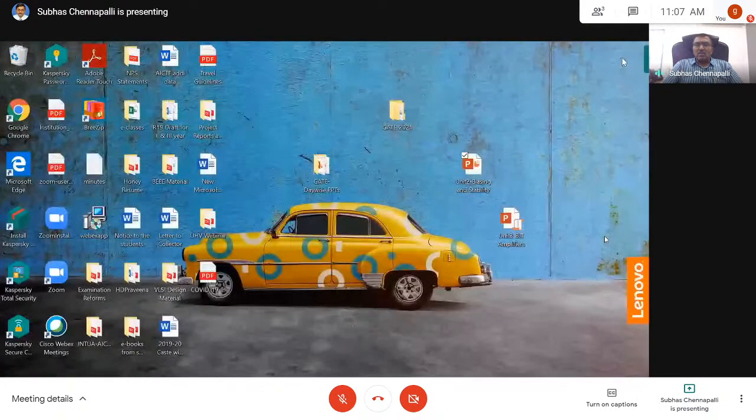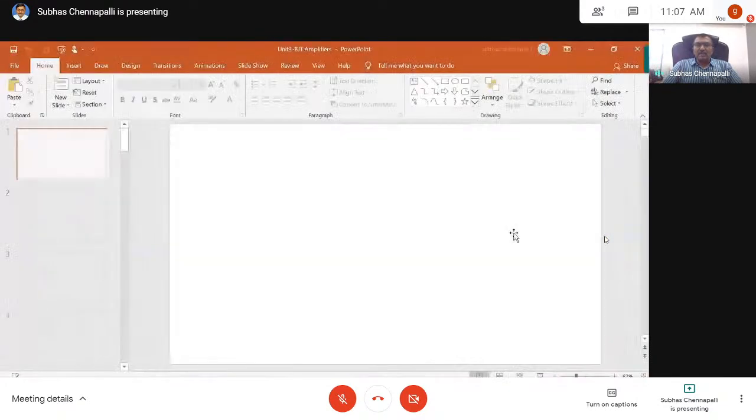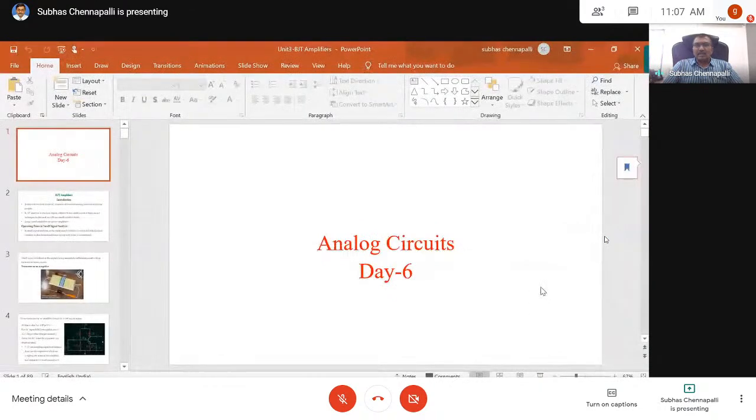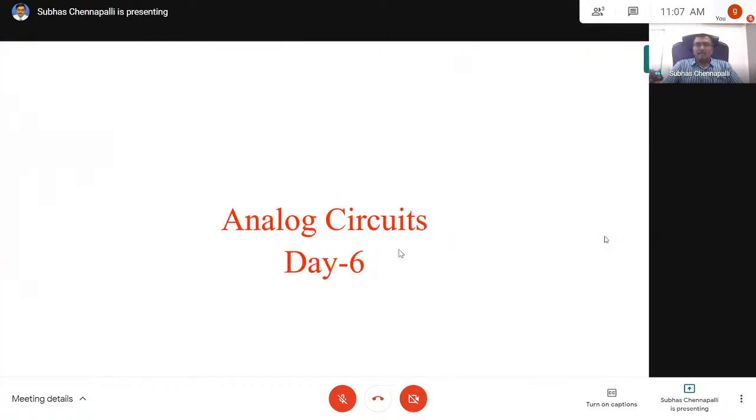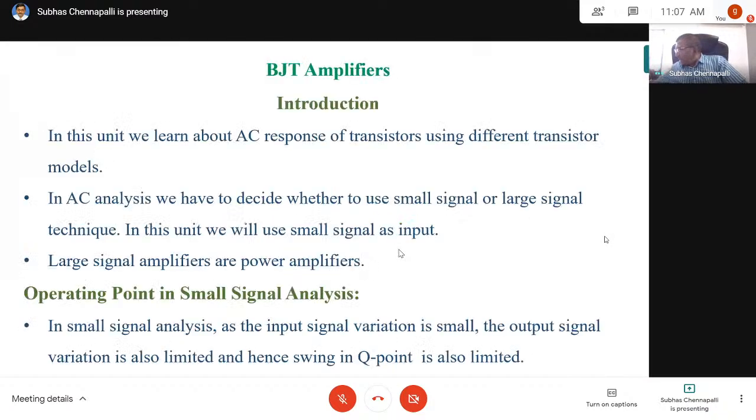Now I'll go to the BJT amplifiers. Actually, the material I supplied from here starts from the 6th day. Here, what is important is the various small signal models for low frequency analysis and high frequency analysis.